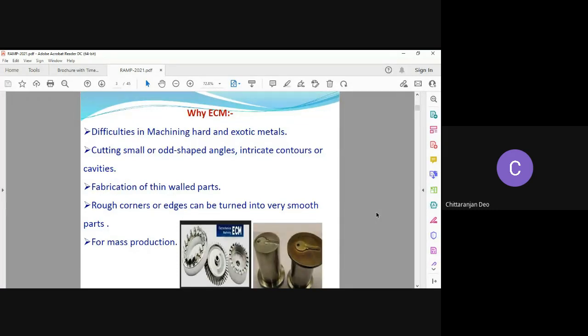ECM gives a new perspective to this machining process, but its use is limited to materials that are electrically conductive.